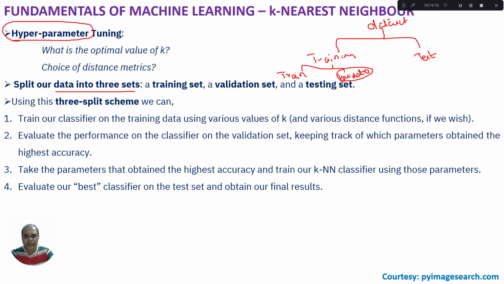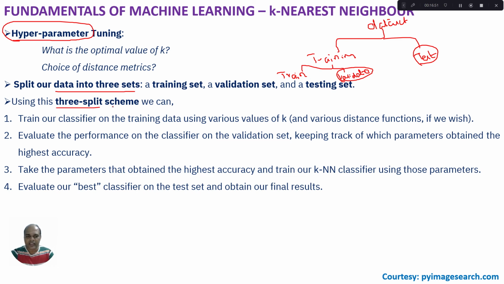Like that we list the performance metrics for different parameters, and then choose the parameter which gave the highest performance metrics. Then use that parameter to retrain the model. Once retraining is done, we expose the test data to evaluate the machine. So let us see this procedure in detail.